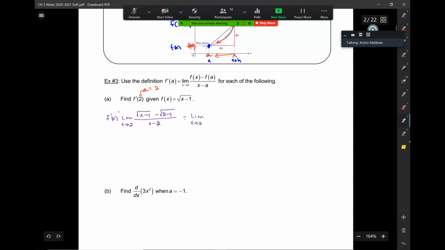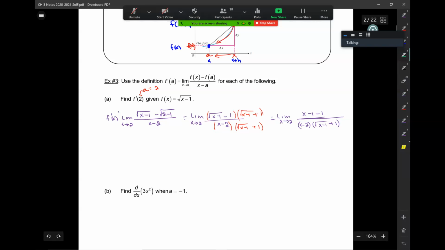Yeah, question? No question? Minus 1 over x minus 2. All right, what now? Multiply by the conjugate. And I get the limit as x approaches 2 of x minus 1 over x minus 2 times root x minus 1 plus 1.